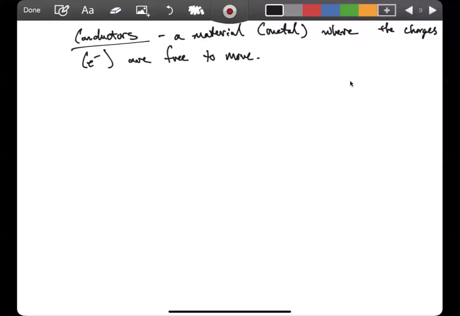Basically they are very, very weakly bound. In this case, we're talking about the valence electrons. So they're not bound very much to the atoms themselves, which means that they can move anywhere that they want to go, right?